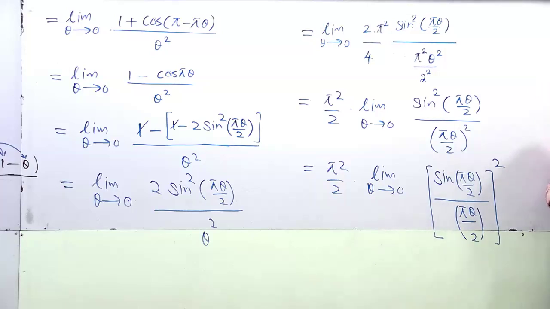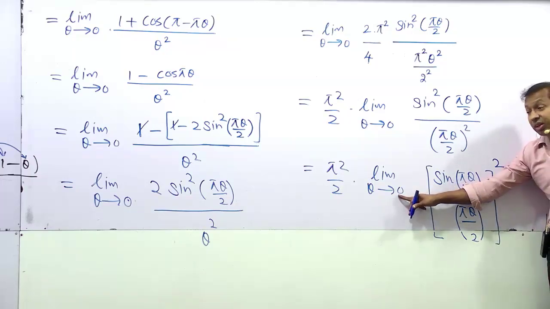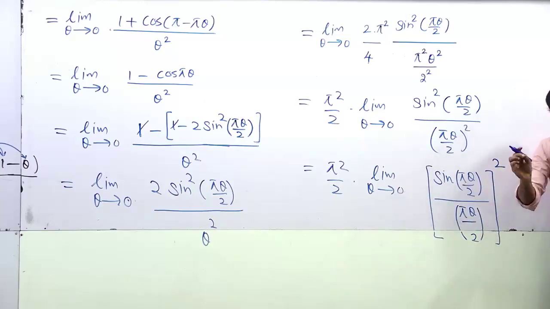Now see what has happened. We have sine pi theta by 2 divided by pi theta by 2. This angle is available here. According to that theorem, it is sine angle divided by the same angle. But this same angle should go to 0 under this limit, and we have only theta going to 0.